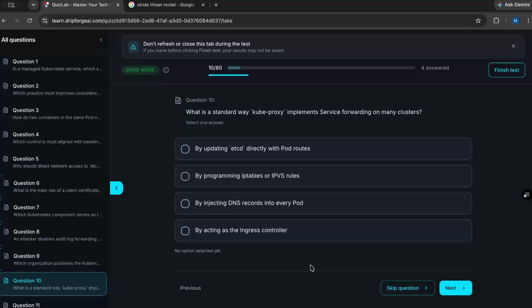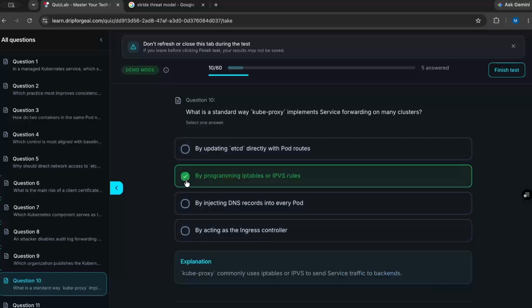It maps the communication on the network. So by programming IP tables, we will go with that. Let's read the explanation. Kube-proxy commonly uses IP tables or IPVS to send service traffic to backends. That's all.